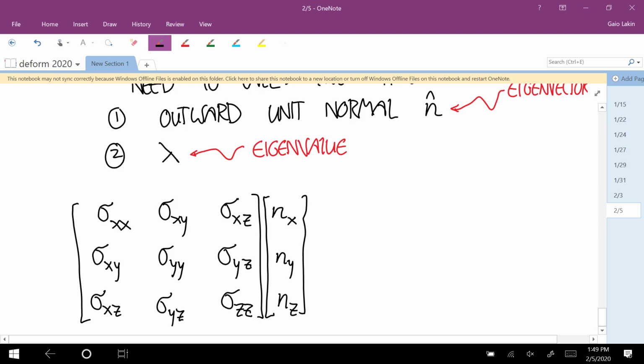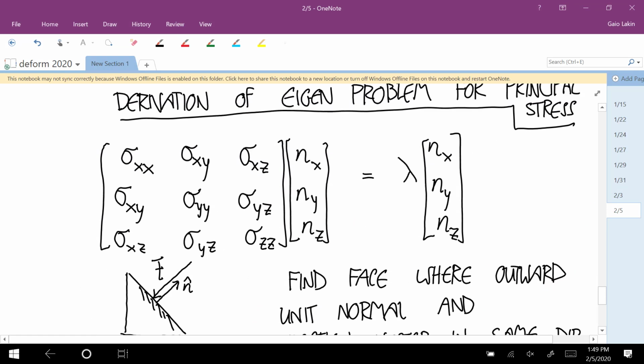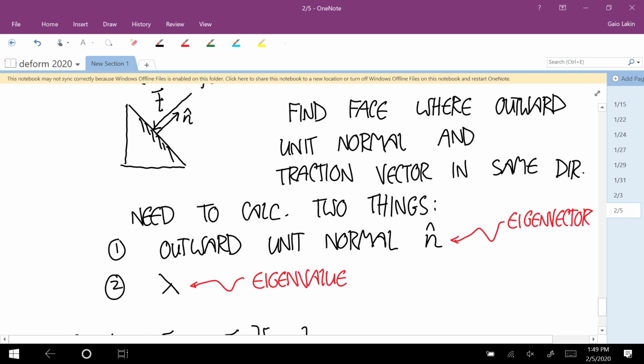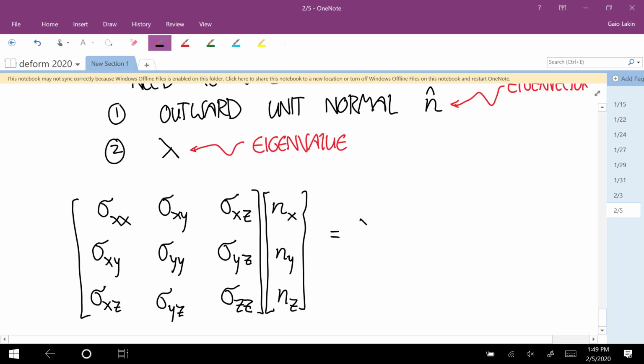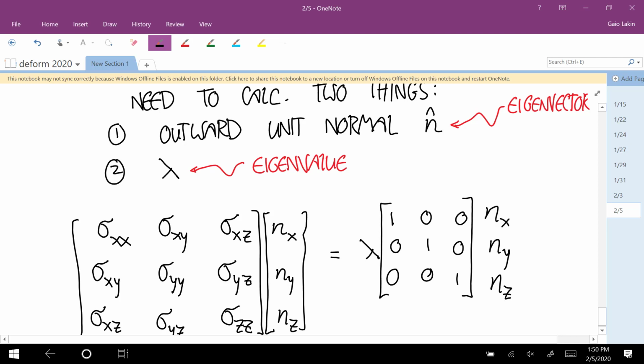But now I'm going to rewrite the right side. So notice that I can rewrite this as a lambda times a matrix with ones on the main diagonal and zeros everywhere else, times that same unit vector. Okay, this is called the identity matrix.